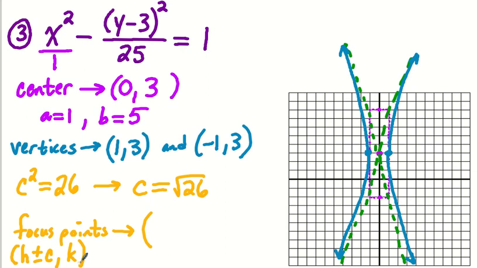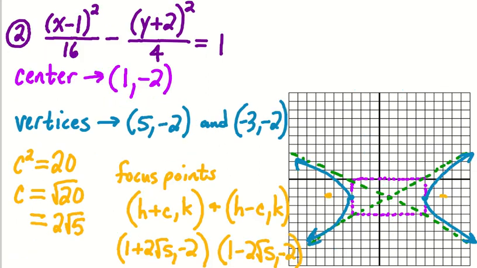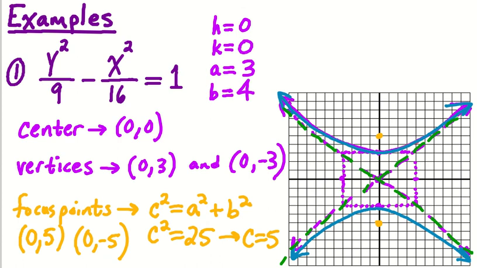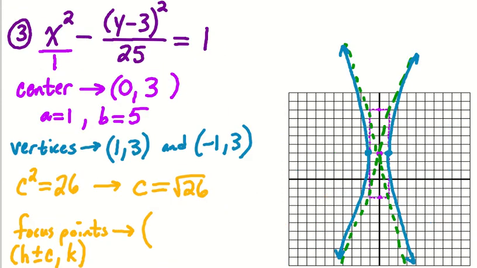Or if it was opening up or down, it would be h, comma k plus or minus c, because now you're adding that c value to the y coordinate of your center. Anyway, that's just what I'm talking about with these generalized formulas.